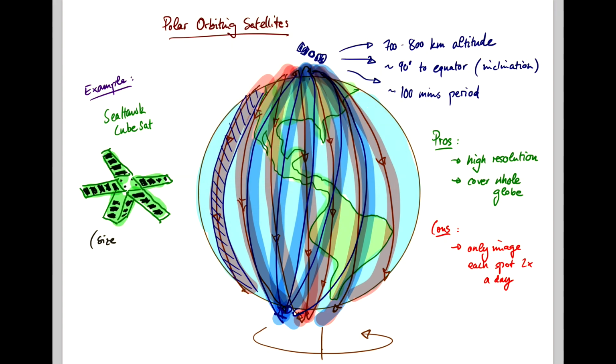It's roughly the size of a loaf of bread, and it measures sea surface color, ocean color, and it was designed and is operated in parts by a UNCW run project. So we have kind of our own satellite.